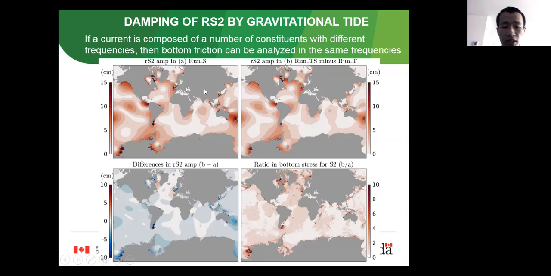The top left panel shows the RS2 derived from the surge only run. If we subtract these two panels, we can see the effects of the nonlinear interaction, shown in the bottom left panel. Here we see the nonlinear interaction greatly reduced the RS2 amplitudes over regions with larger S2, such as the Patagonian Shelf and North Sea.